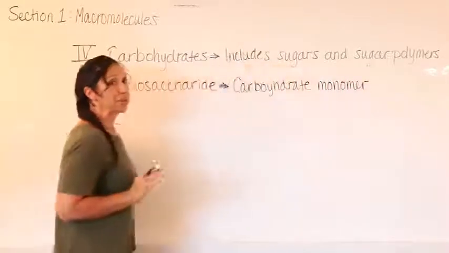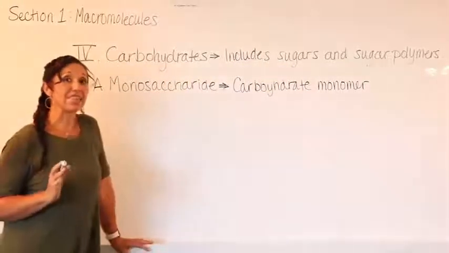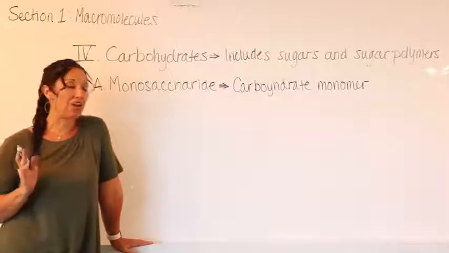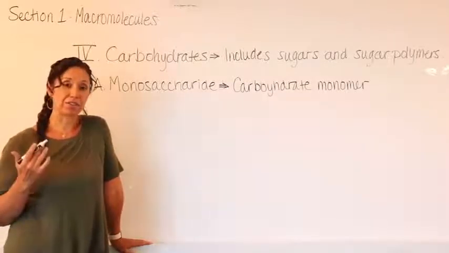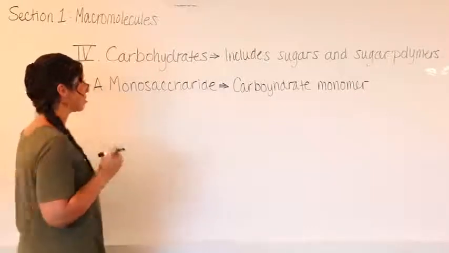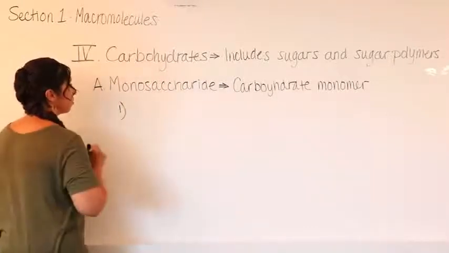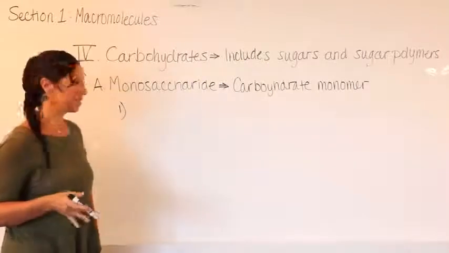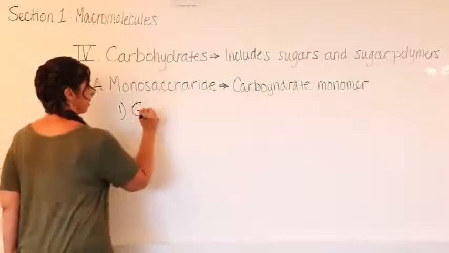The most famous of the monosaccharides is glucose. So glucose is something our body utilizes for energy all day long. That's how our cells can perform all the functional work they need to do. We utilize glucose very, very well. So no doubt that our studies in carbohydrates is going to focus on glucose a lot. So let's talk about glucose.